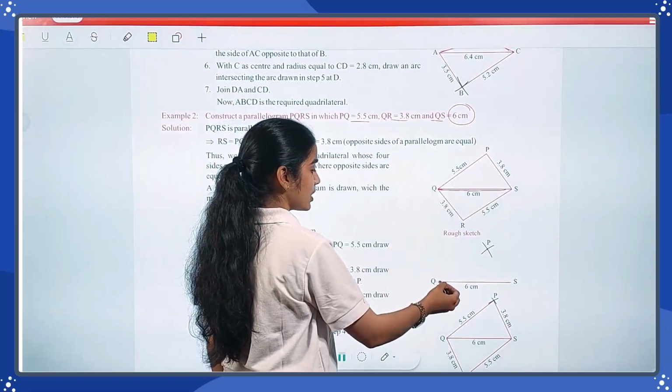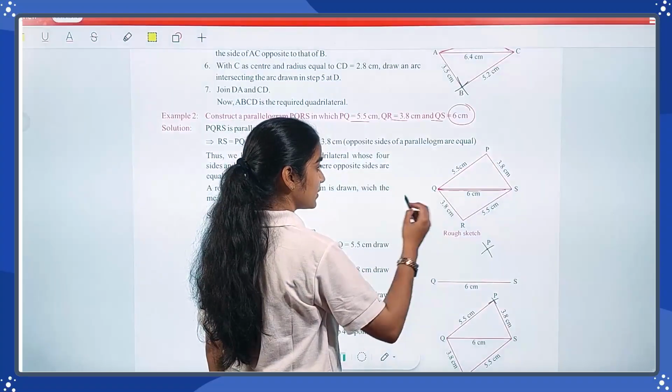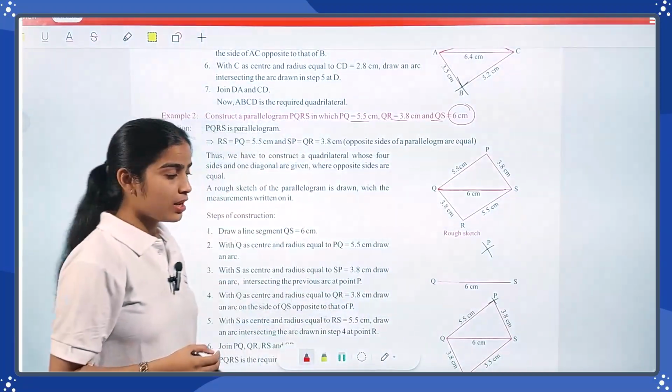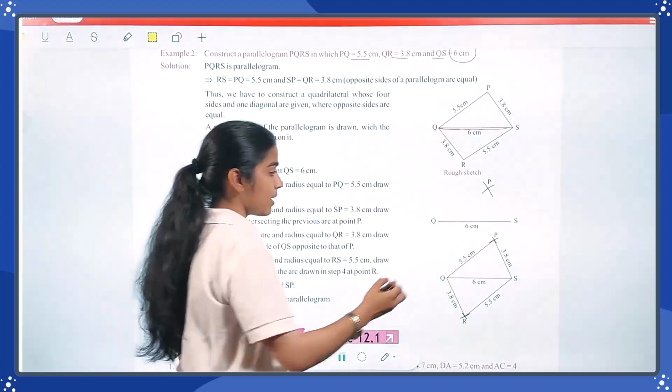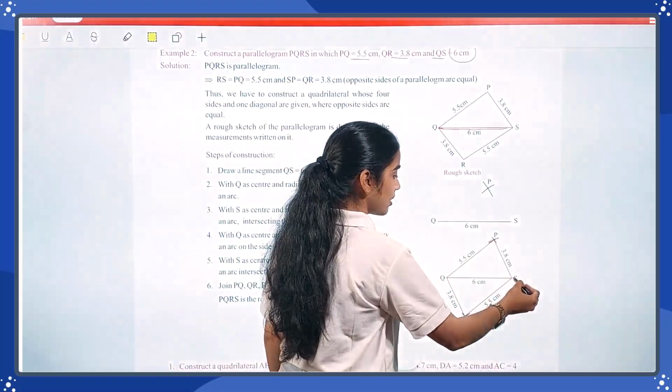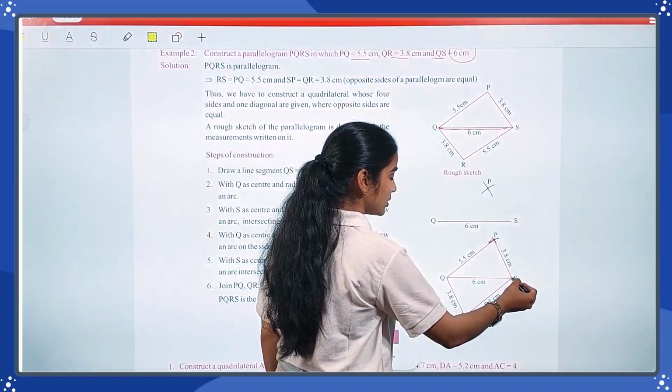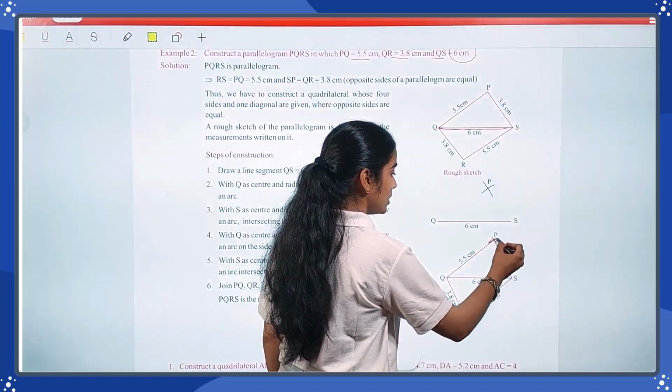First we take Q as our center and open the compass till 5.5 centimeter, mark an arc here, then take our center as S and open your compass till 3.8 centimeter.